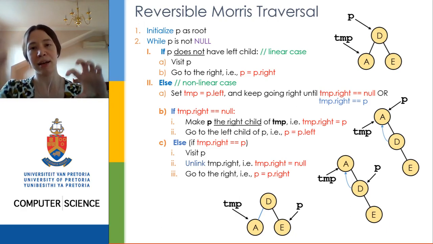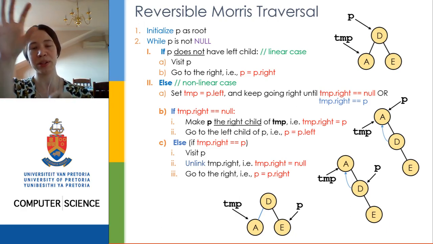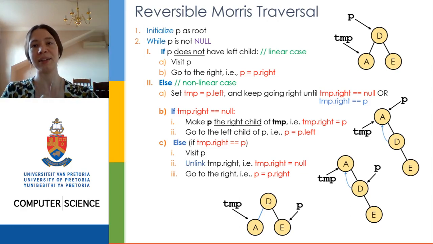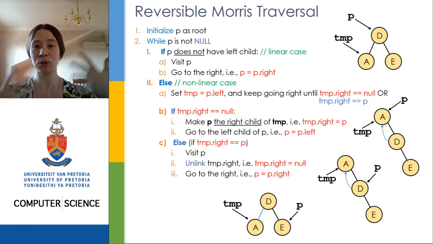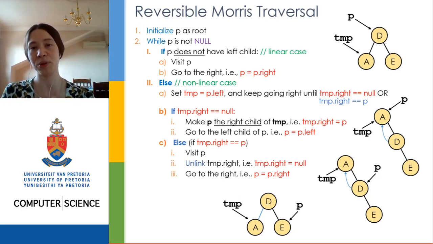If you hit null, make your pointer the right child of that null instead. If you do not find null, you will find your pointer instead, and then you have to do the unlinking. So if you find null, you're going to be modifying the tree. If you find P, you're going to be unmodifying it back to its original shape.